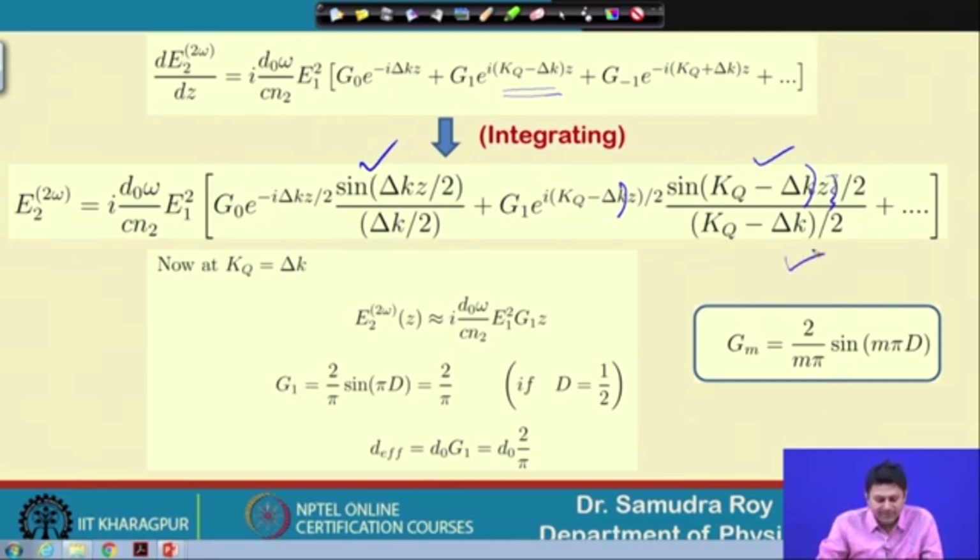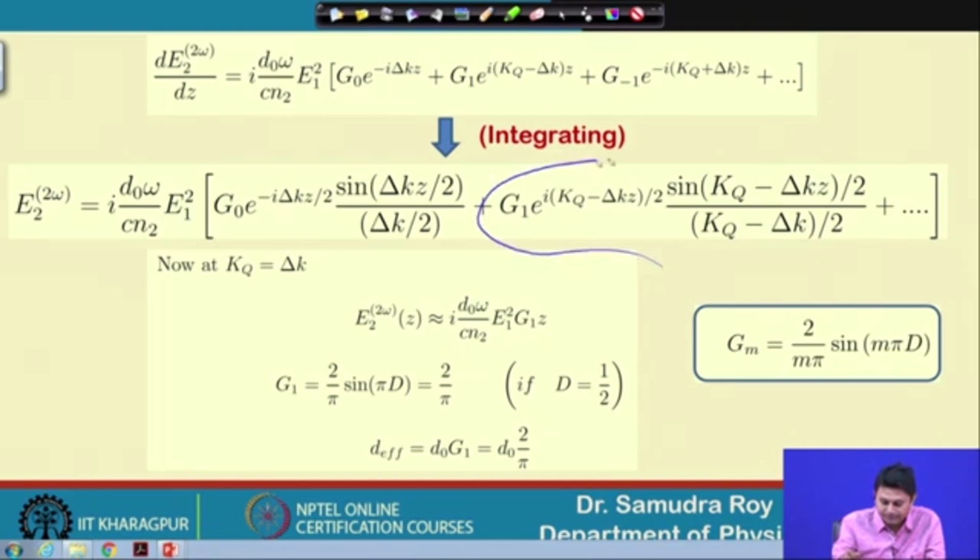After integration, the next thing is that we put our phase matching kq equal to delta k. That is a quasi phase matching, and we call it the first order quasi phase matching. So, when we put kq equal to delta k, you can readily find that the major contribution will come from this term.